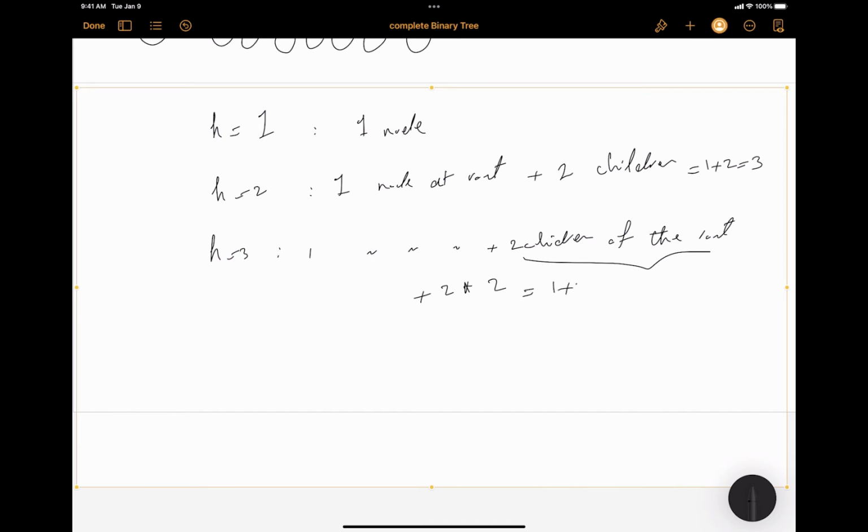So it's going to be 1 plus 2 plus 4, which is equal to 7.